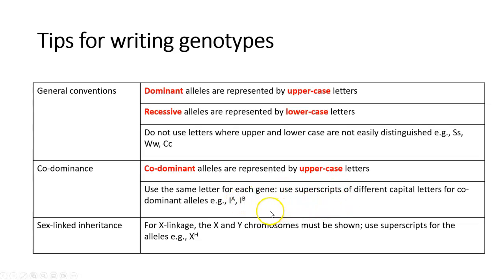If we're looking at the general blood grouping for ABO blood grouping types, we use the letter I because that's representing blood groups, but because blood grouping is codominant, we have capital A and capital B. We'll talk more about that later on in this lesson. And finally, just as a recap on sex-linked inheritance for X linkage, again we use X and Y's, and we use superscript for the alleles on the X.